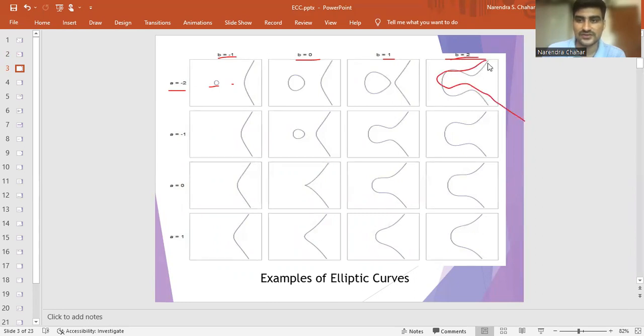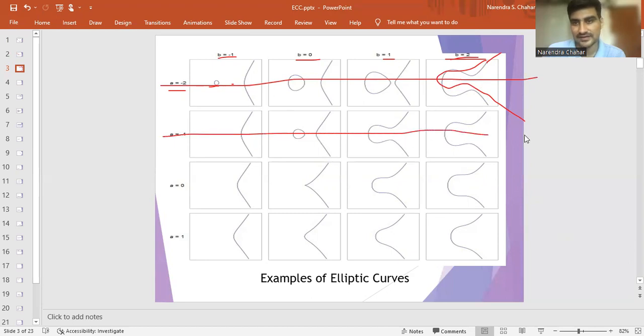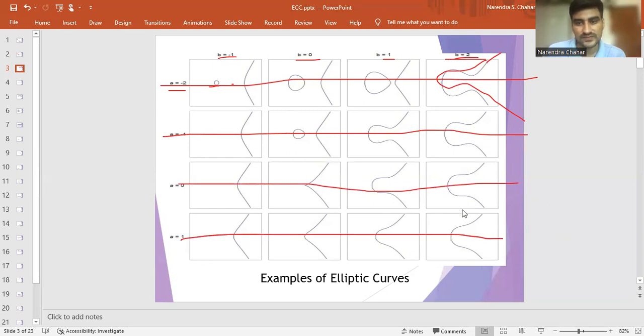So this is going to infinity. These curves are symmetric to the x-axis. Every single curve is symmetric. See here, it's just a mirror image of the curve on the x-axis.